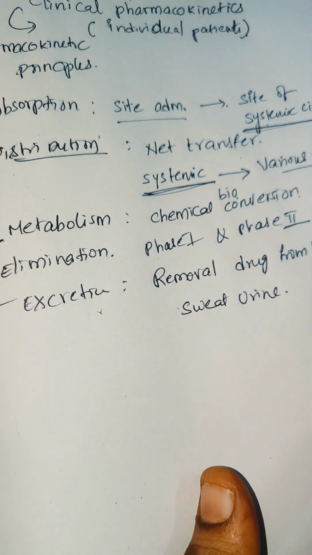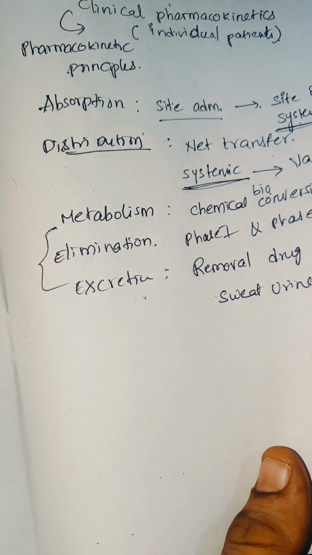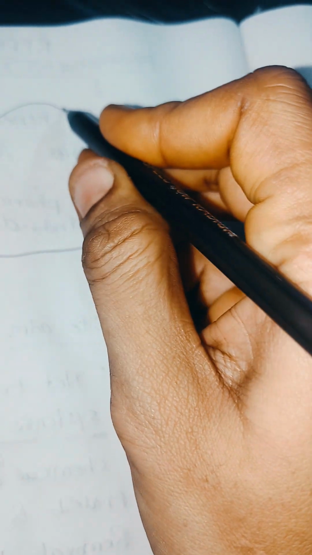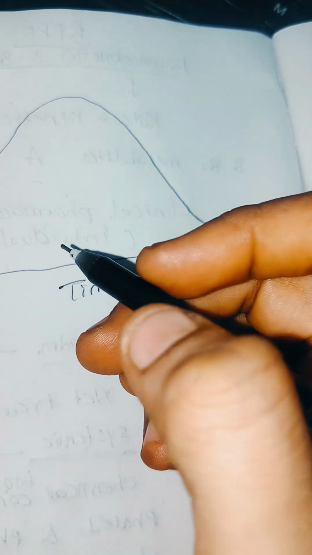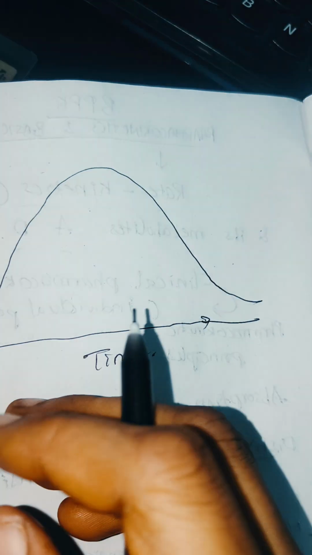So then we come to the concept of what is happening to the drug. We can estimate this by drawing the plasma concentration time curve. In this curve, the x-axis is time and the y-axis is concentration.